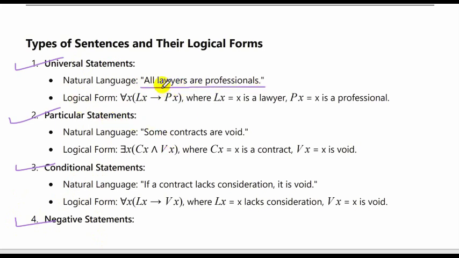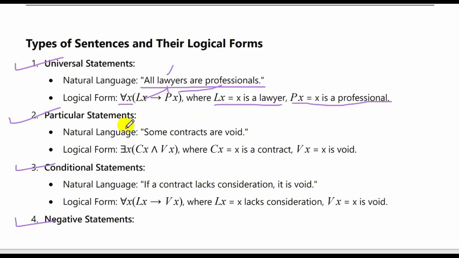Now to convert this, we say for all X, if X is a lawyer, then X is a professional, where LX is X is a lawyer and PX is X is a professional. We use a capital letter to represent the terms.